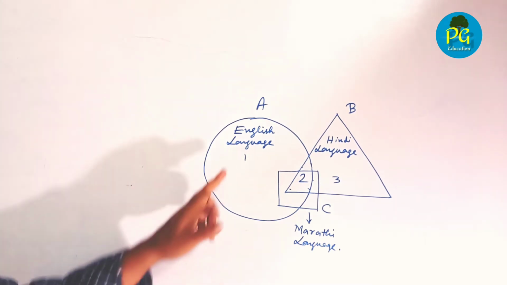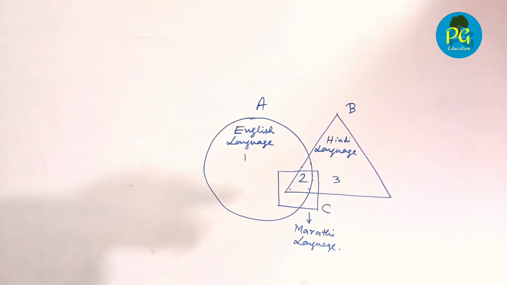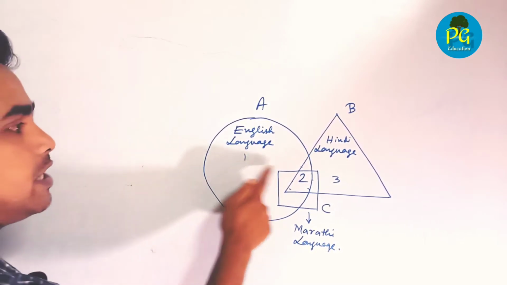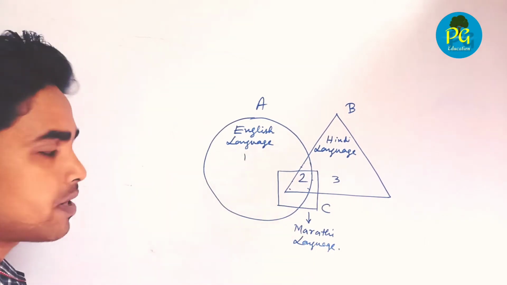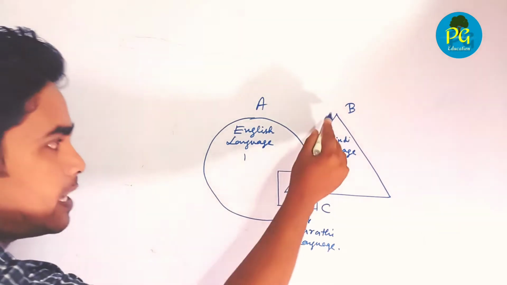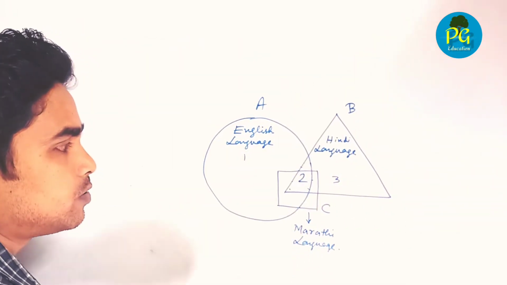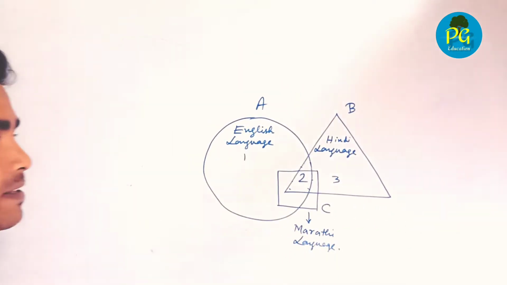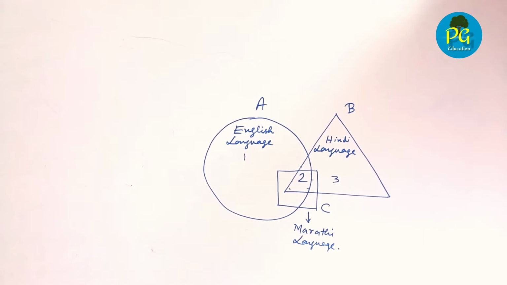Because 1 speaks English only, 3 speaks Hindi only and 2 speaks all the 3 languages, English, Hindi and Marathi, because 2 is inside A, inside B as well as inside C. That means 2 speaks all the 3 languages. So there is no such number which can speak English, Hindi but not Marathi.